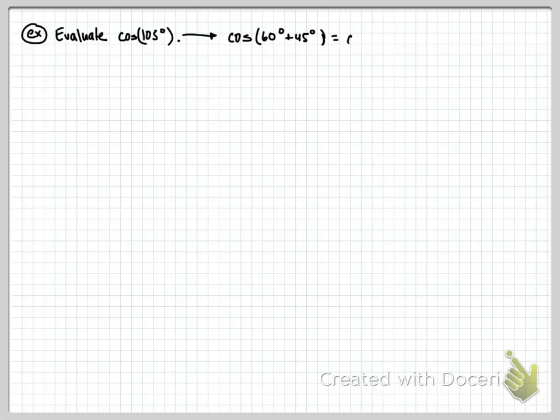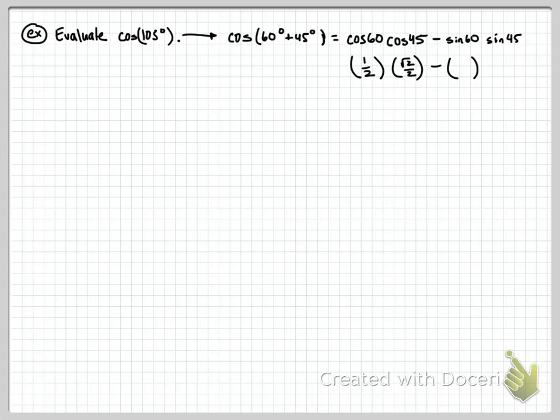So if we go ahead and expand this, we get cosine of 60 times cosine of 45. And we're doing cosine, so we're going to do the opposite: subtract sine of 60, sine of 45. Now that we know this, cosine of 60, that's your x coordinate at 60, is 1/2, and cosine of 45 is rad 2 over 2.